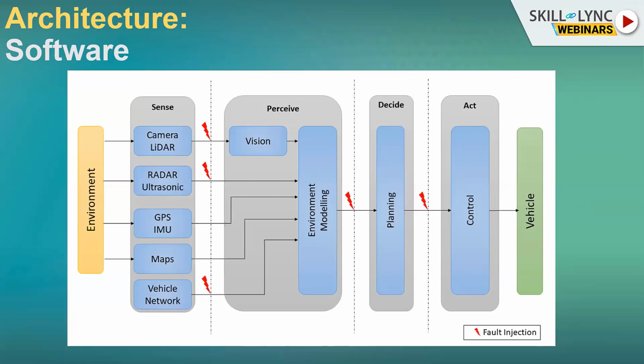So we have standard definition maps, high definition maps, and also GPS information to know where exactly we are in a given driving environment. All the information that comes from the environment is captured through sensors, and some kind of pre-processing is done to pass it on to the next layer.